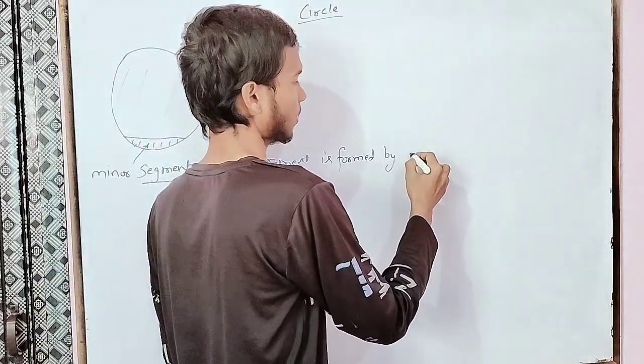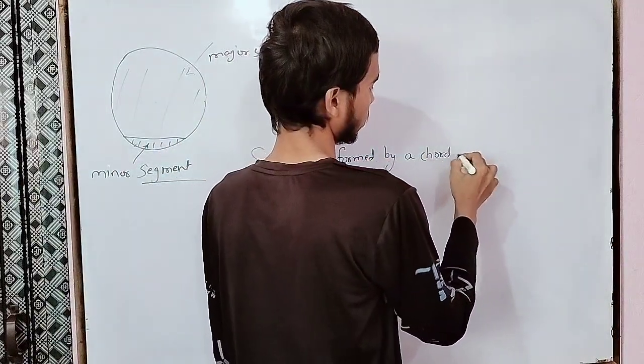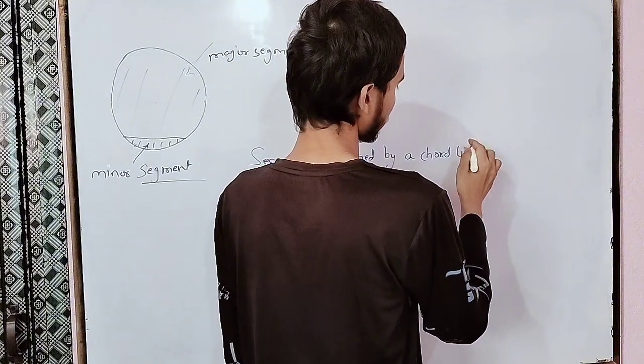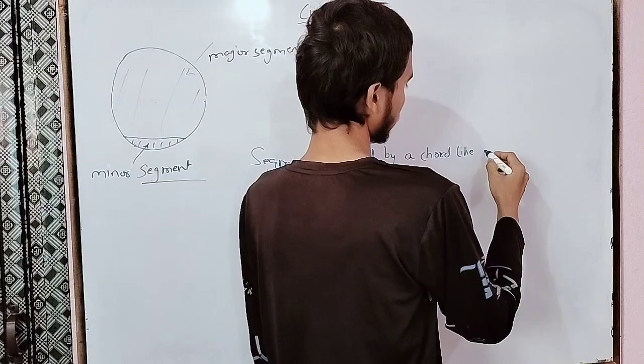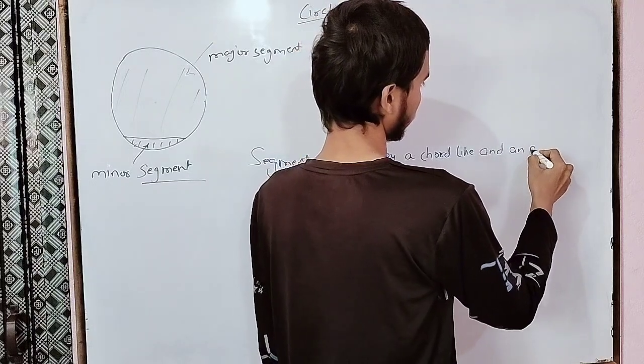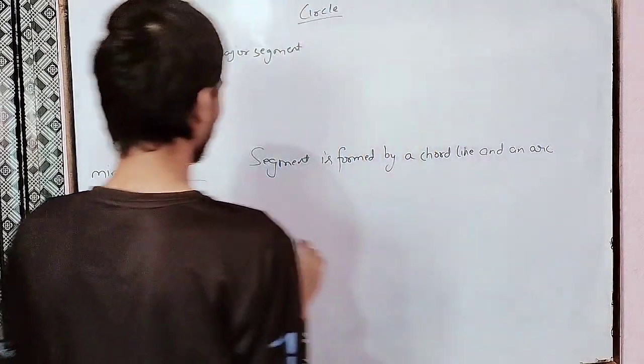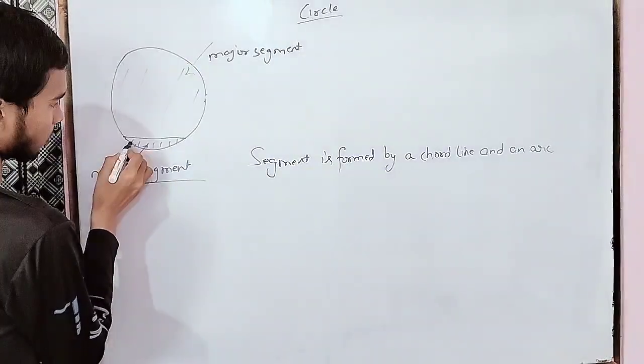by a chord line and an arc. So here you can see this is a chord and this is a minor arc.